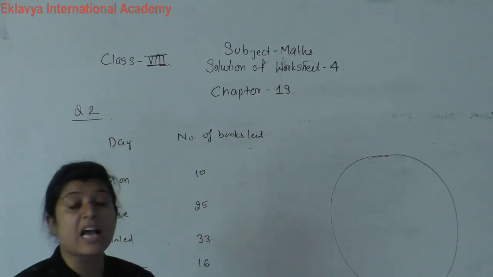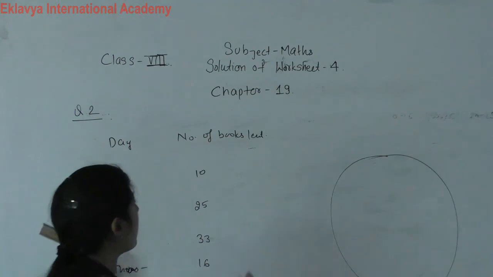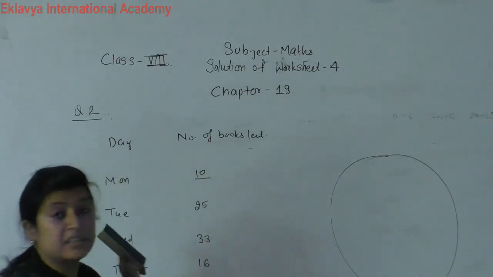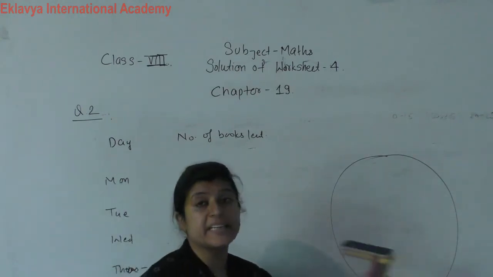A circle has a complete angle of 360 degrees. On Monday the number of books lent is 10. How many degrees does it make in the pie chart?